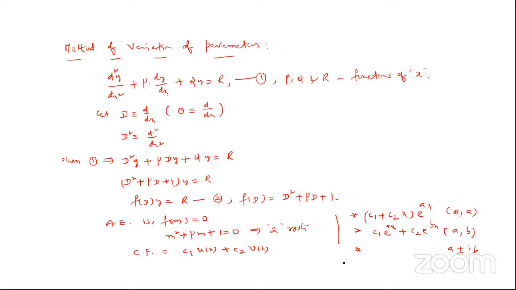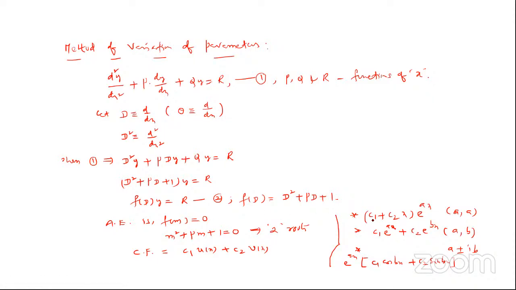its corresponding complementary function as e power ax into c1 cos bx plus c2 into sin bx. If you observe all these cases, generally they are of the form c1 into something plus c2 into something.